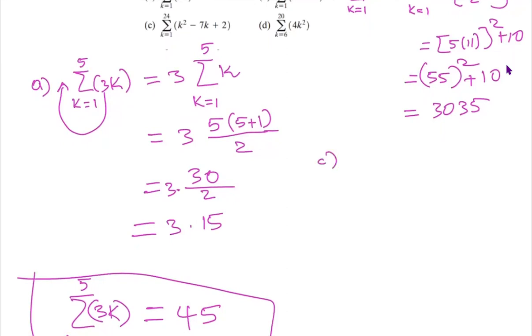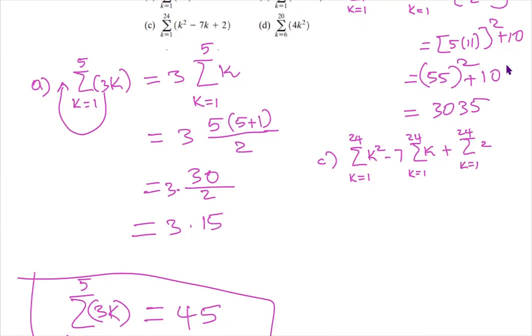C is the summation from k equals 1 to 24 of k squared minus 7k plus 2. We can separate each: the summation of k squared, minus 7 times the summation of k, plus the summation of 2.